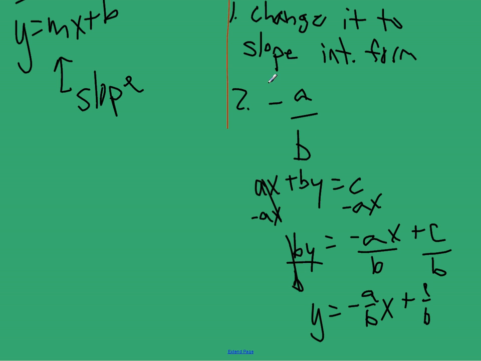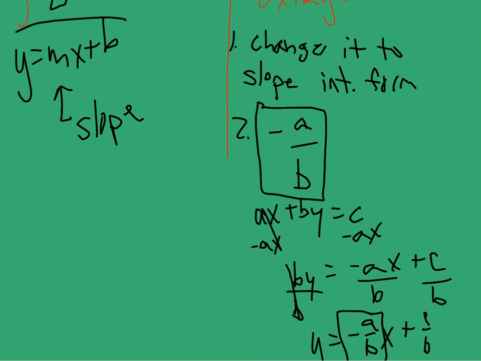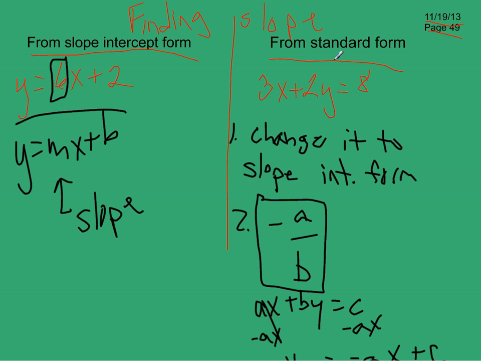So in standard form, this little kind of shortcut equation essentially tells you what the coefficient of your x would be if you changed it into slope-intercept form. And that coefficient of x tells us what the slope is.